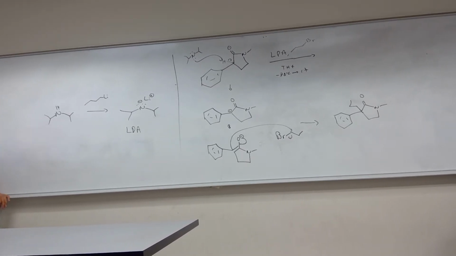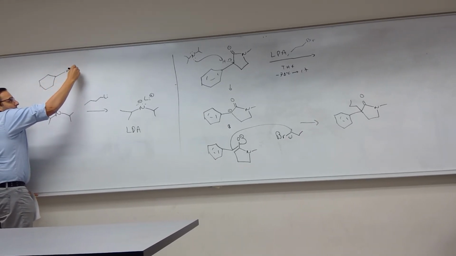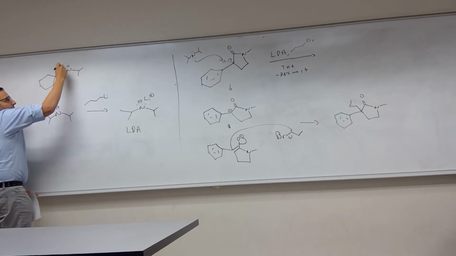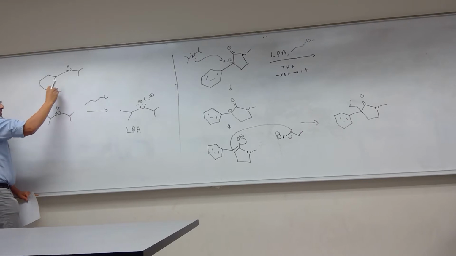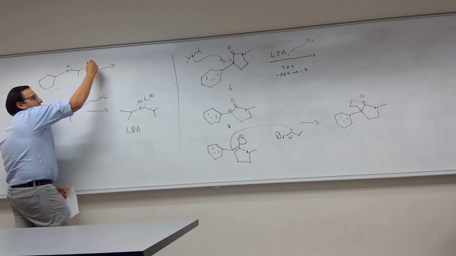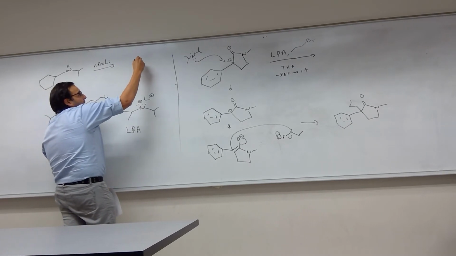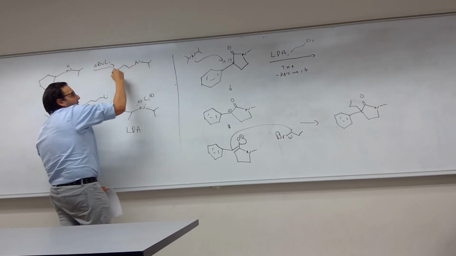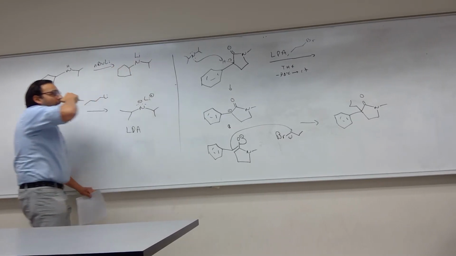Besides LDA, there are other types of amide type bases. So you can imagine LICA, which is lithium isopropyl cyclohexylamine. You use lithium, so you would prepare it, then you get LICA.